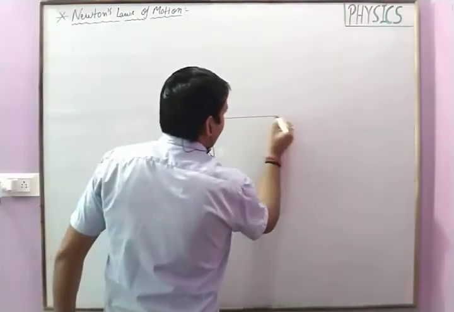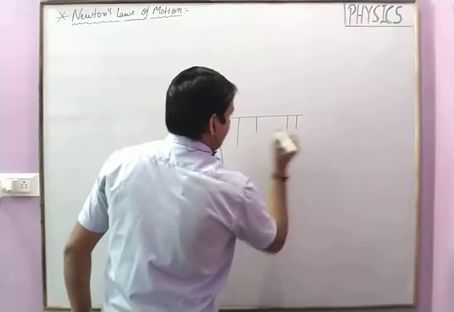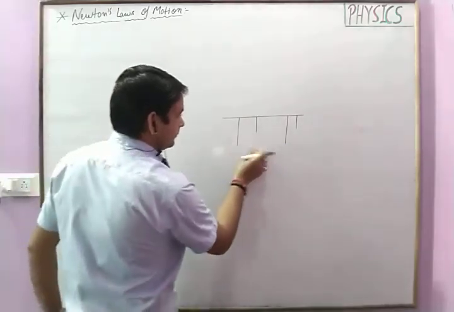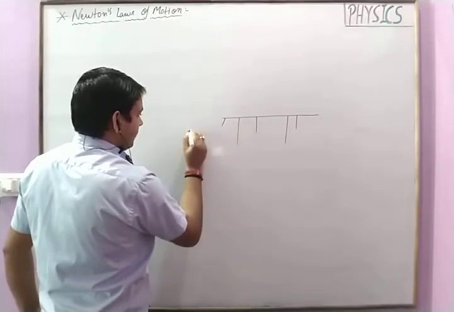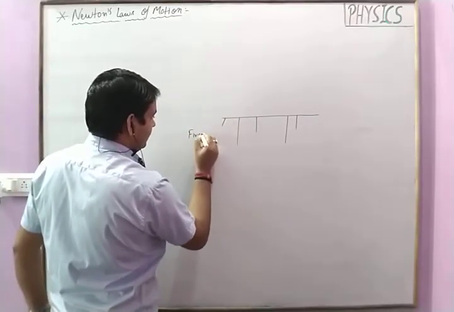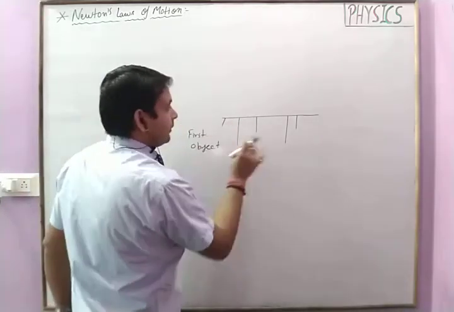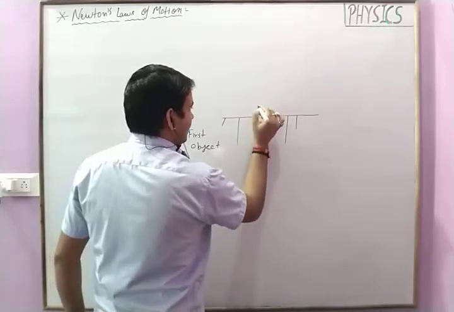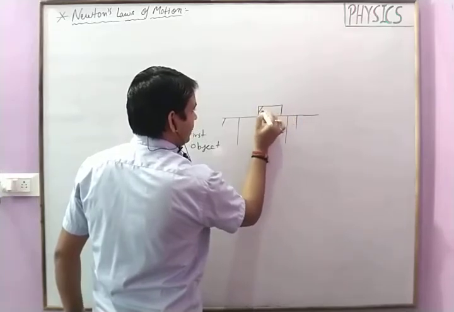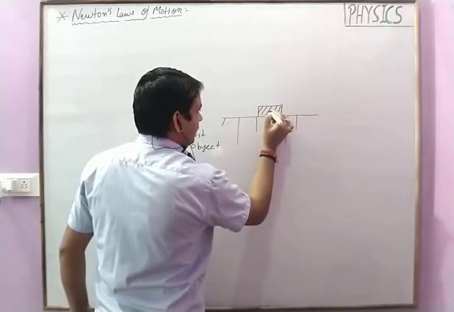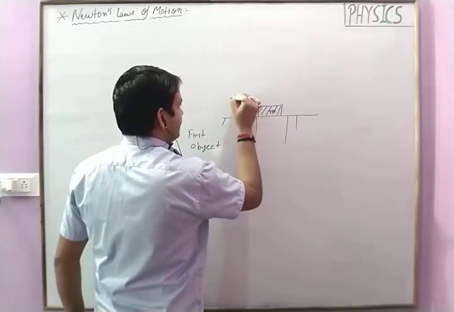Suppose we have a table, okay. Suppose it is the first object, and a book is placed over the surface of this table, or an object of mass m, okay. This is the second object.